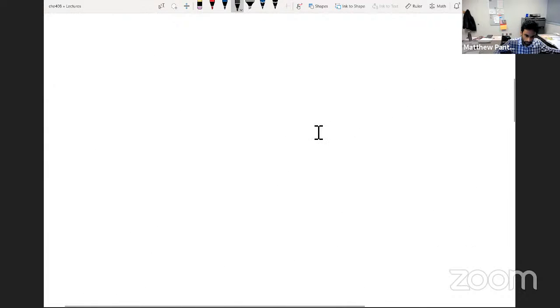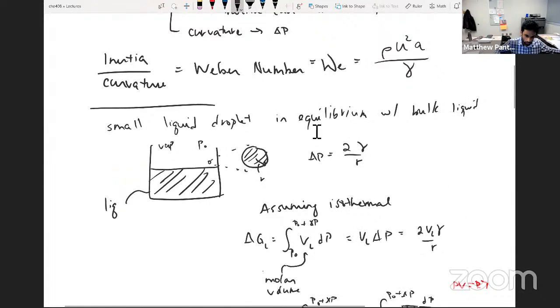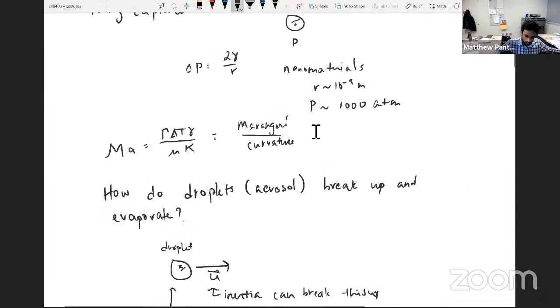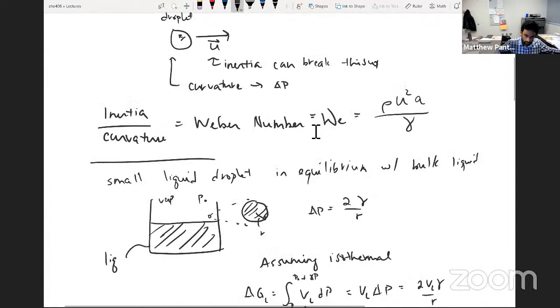Moving back, just to remind you, Weber number back here is related to rho u squared A over the surface tension.